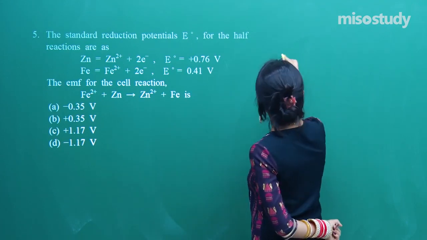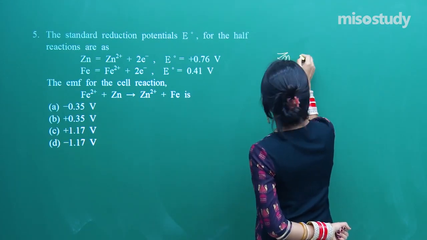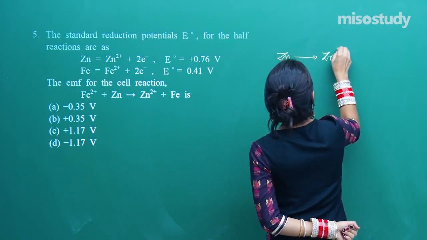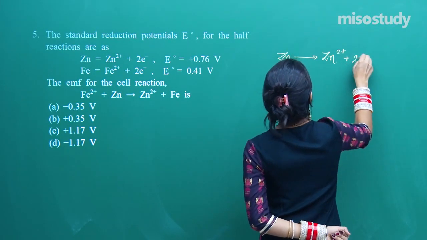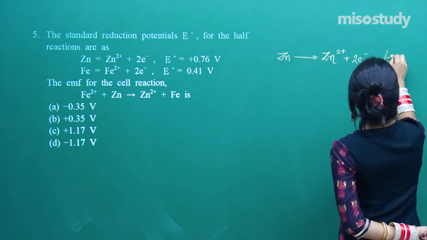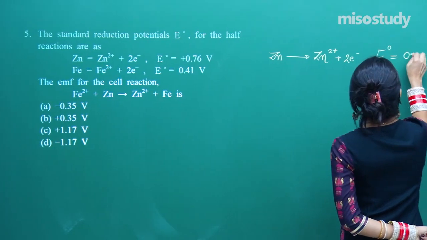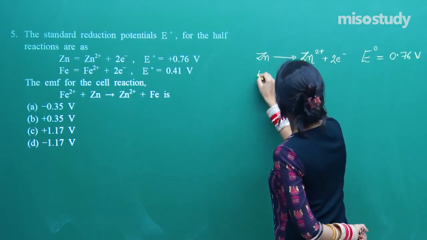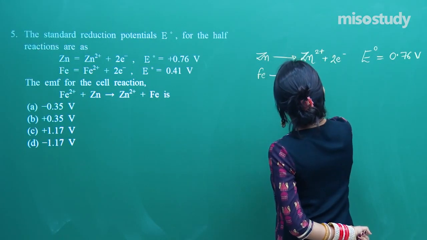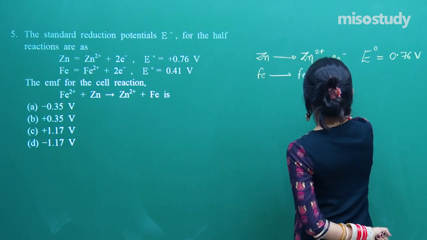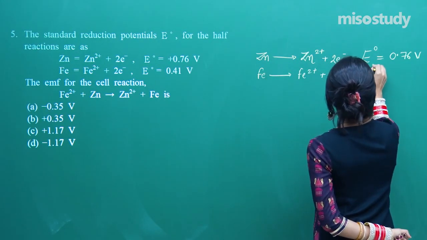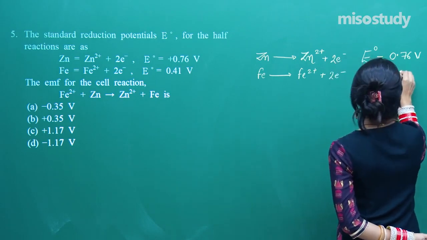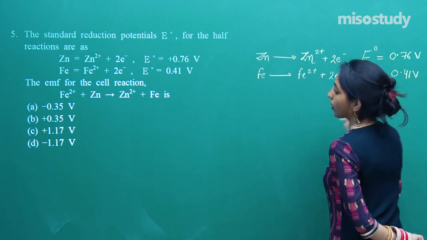First, zinc is getting oxidized and the E naught is given to be 0.76 volt. Then we have iron getting oxidized, and the E naught value is given.